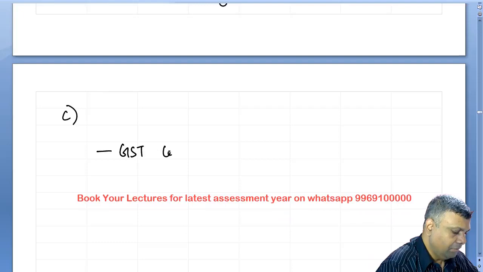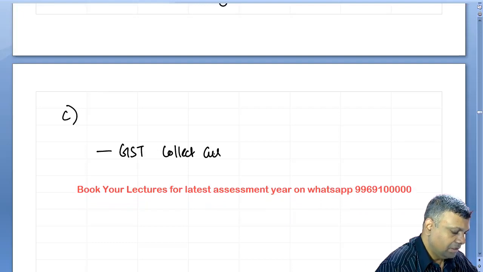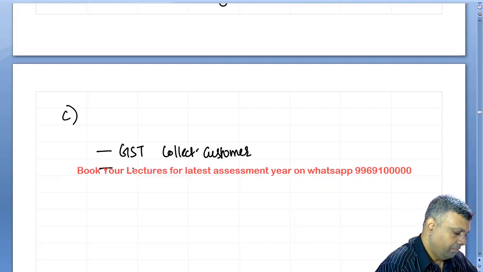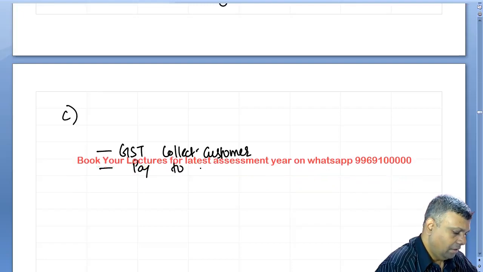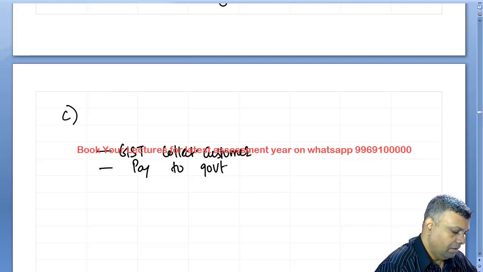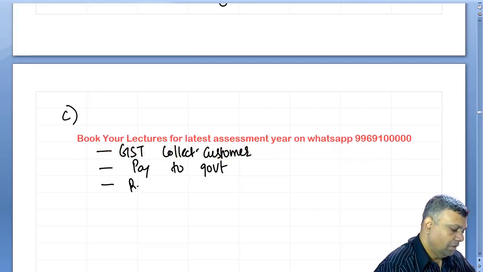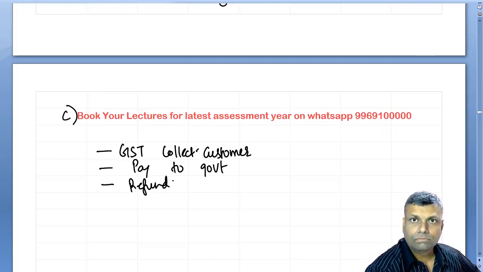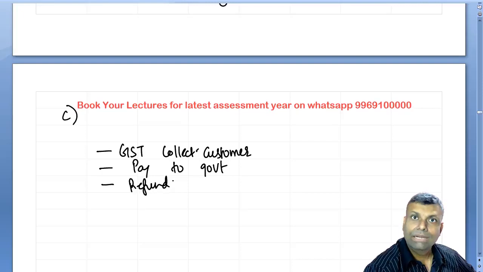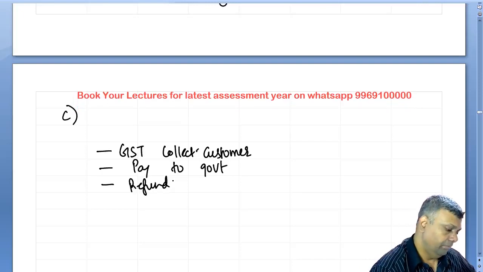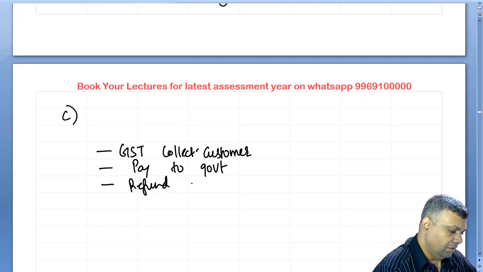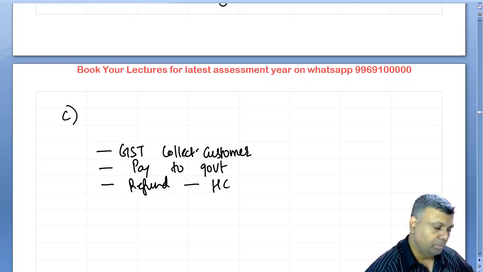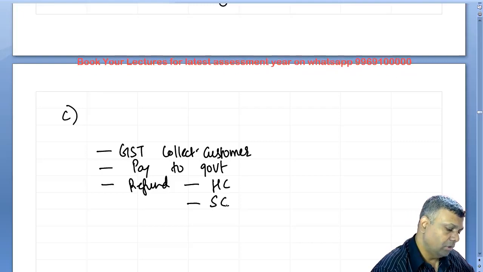Indirect tax example, first of all, GST collected from the customer. This is the flow of transaction. Collected from customer, then pay to the government. Thereafter, you can get the refund. This refund can be as per the judgment of the High Court pending in the Supreme Court, or it can be from the Supreme Court also.